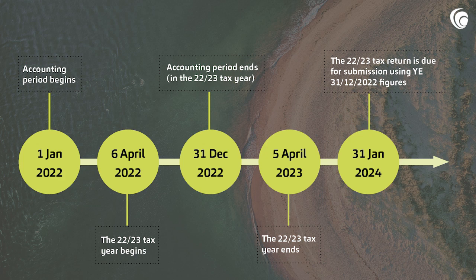So say you're looking at the 31st of December 22 as your accounts year end. Your accounts period begins on the 1st of January 22, ends on the 31st of December 22, and that forms the basis of your taxable profits for the 22-23 tax year, and the tax on that will be due on the 31st of January 2024.